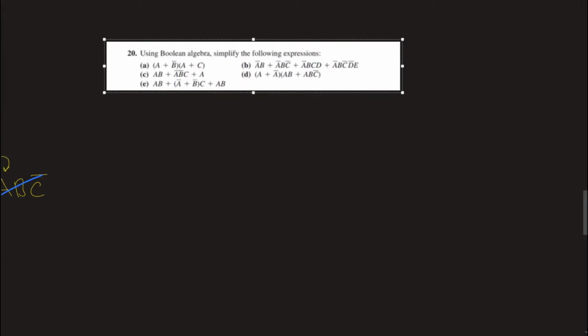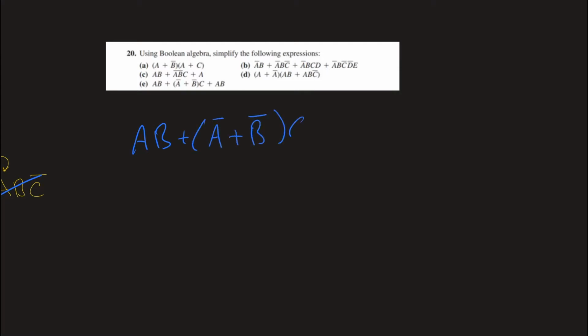So in this last one, we have AB or A naught or B naught, C or AB. And so for this one, again, there's no De Morgans that needs to be done, so just distribute everything out. We have AB or A naught C for this times this, or B naught C for this times this, or AB.